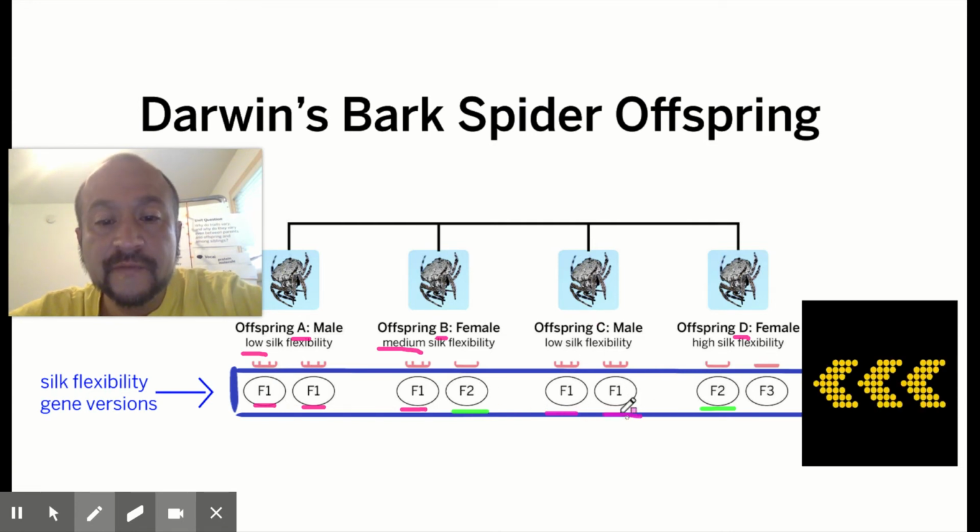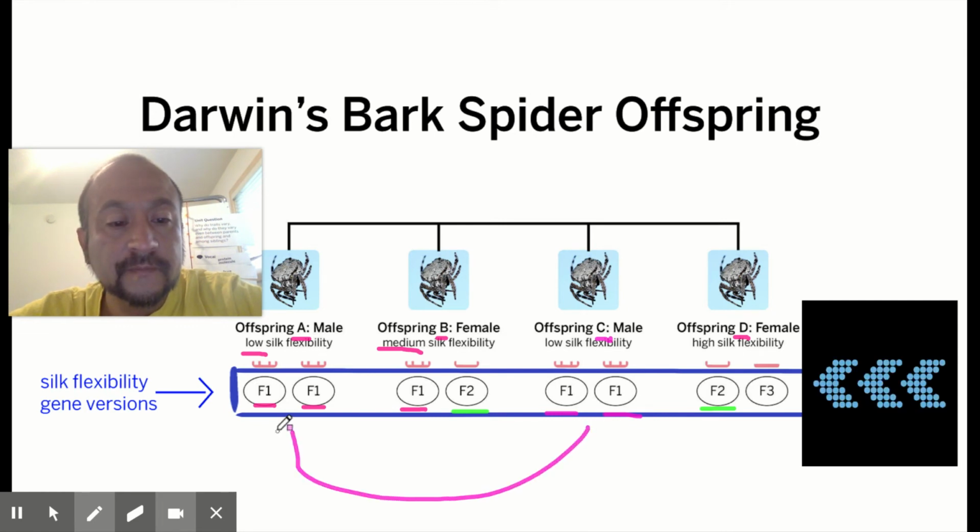And notice offspring A and offspring C, and how they both have the same type of protein molecules, F1, F1. Just want you to notice these two here. Same protein molecules, F1, F1, and the same pattern, and they both contain low silk flexibility.